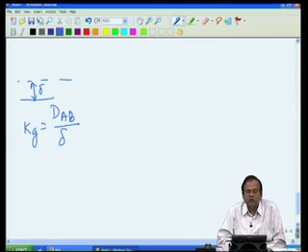Mass transfer coefficient is not a property like density or mass which you can actually measure. This is a concept. So, we have to estimate it.